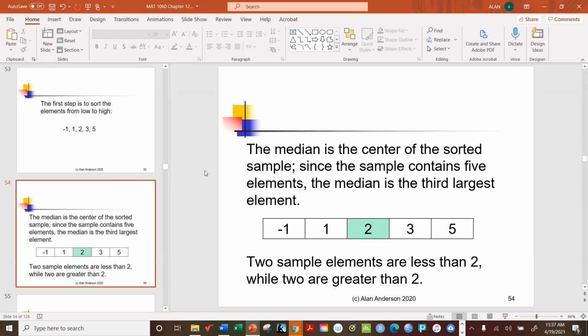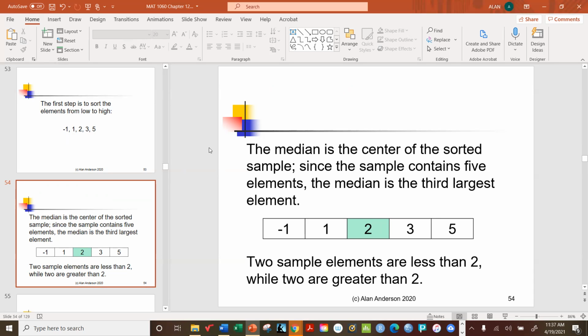So it's pretty simple, except for one thing. This is the easy case. There's a harder case that we have to contend with. What happens if we have an even number of values? Oh no, now there won't be a value right smack in the middle.